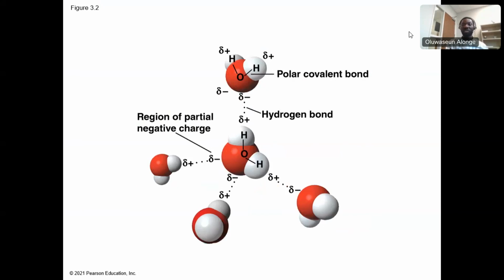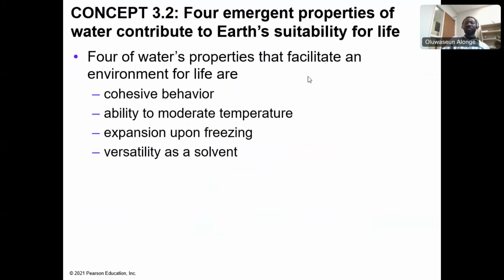But a covalent bond, polar covalent bond, is what connects hydrogen and oxygen together in a water molecule. All right. Now, there are properties of water that are very important, and those properties are achieved because of the kind of hydrogen bond that holds them together. A hydrogen bond is like a force of attraction that holds water molecules together.